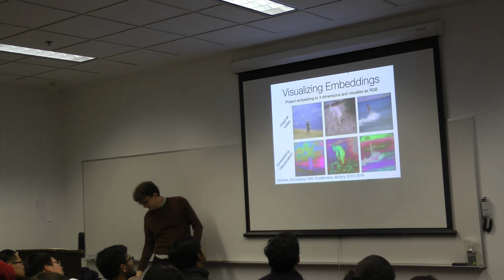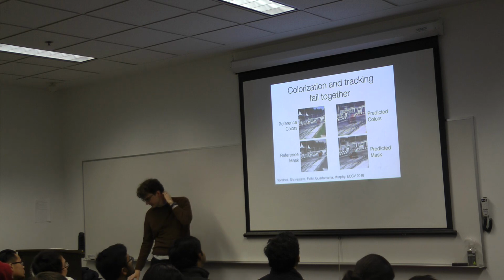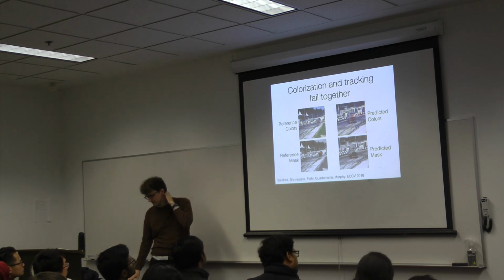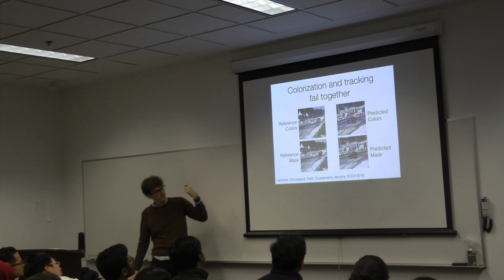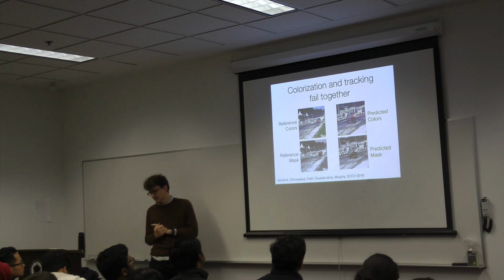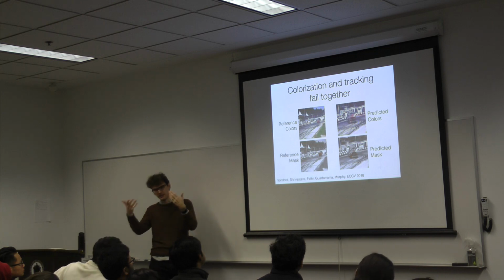And the other interesting thing, which I think makes sense, is that the two tasks are correlated. So if one fails, then the other will fail. If it incorrectly predicts color in the video, it'll also incorrectly track that object, which I think is interesting because that suggests that if you improve colorization more, then you should get better tracking.